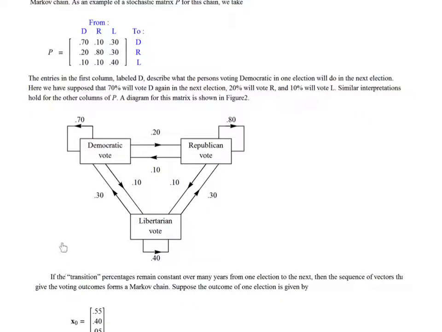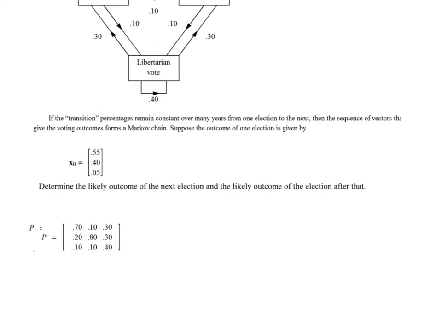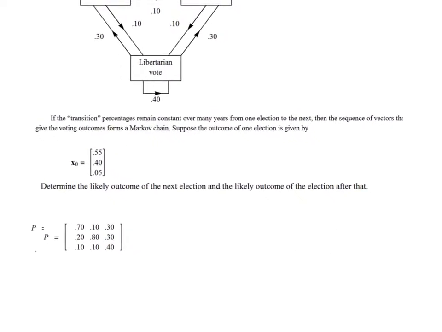So then, if we're given an initial x naught, an initial distribution within that population, where 55% are voting Democrat, 40% are voting Republican, 5% are voting Libertarian, we can use our stochastic matrix to predict or determine what the distribution will look like in the next year, and the next year, and the next year.